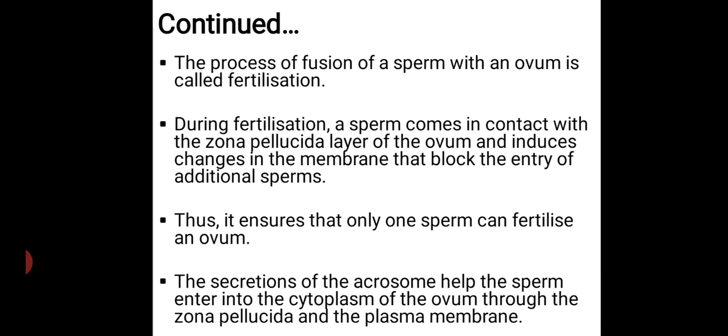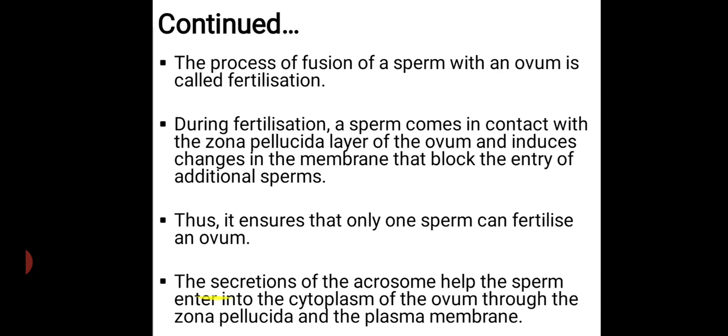Because the fusion of ovum should only occur with the help of a single sperm. So other sperm need to be blocked. Why? Because semen contains millions of sperm. So to ensure that only one sperm can fertilize, the entry should be blocked, which is being done with the help of the zona pellucida.